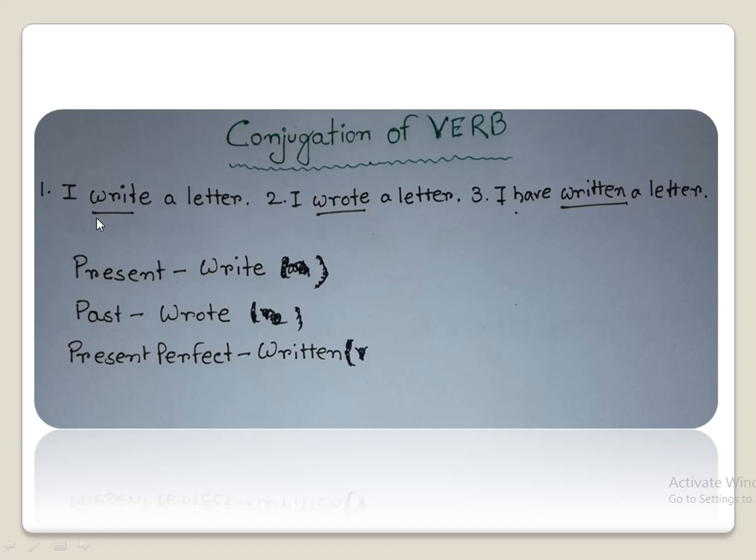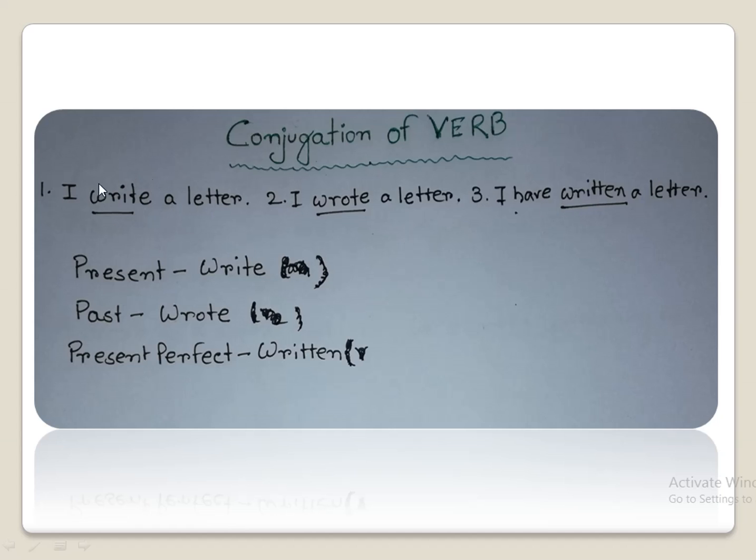In the first sentence, the verb is write. The second one, the verb is wrote. And the third one, the verb is written. So here I have used three forms of the verb write in three sentences.